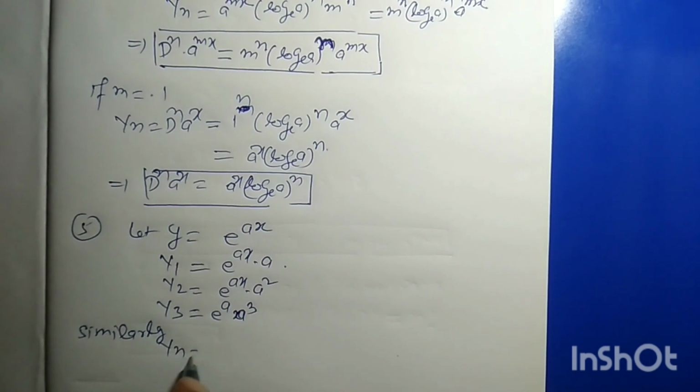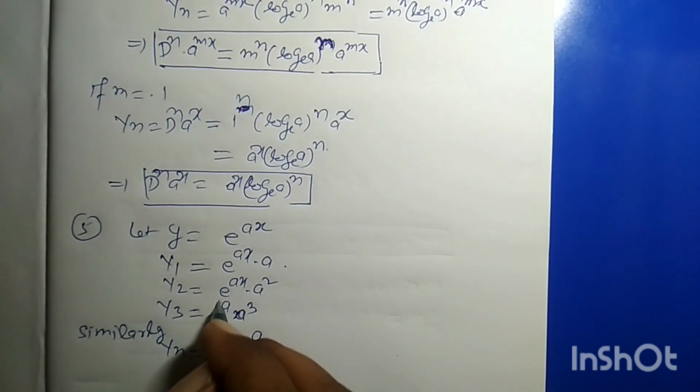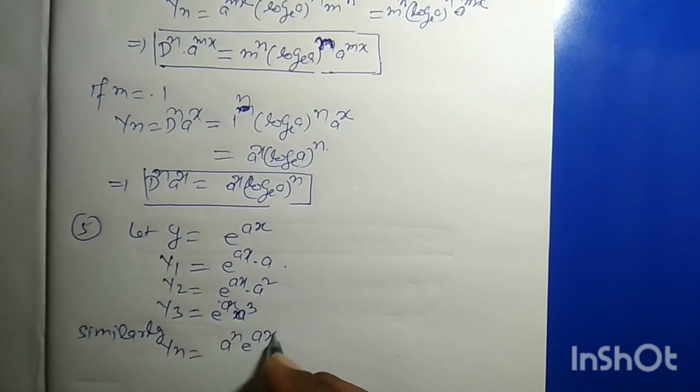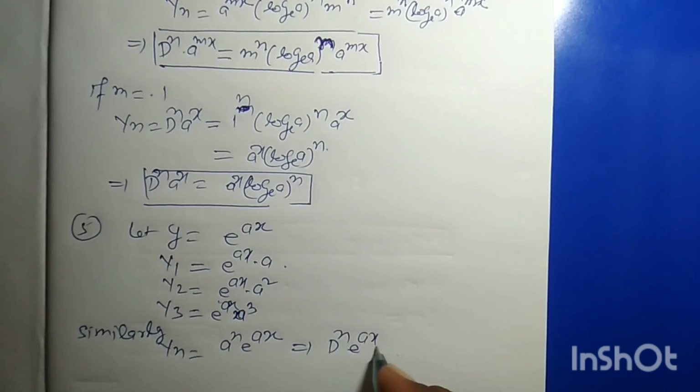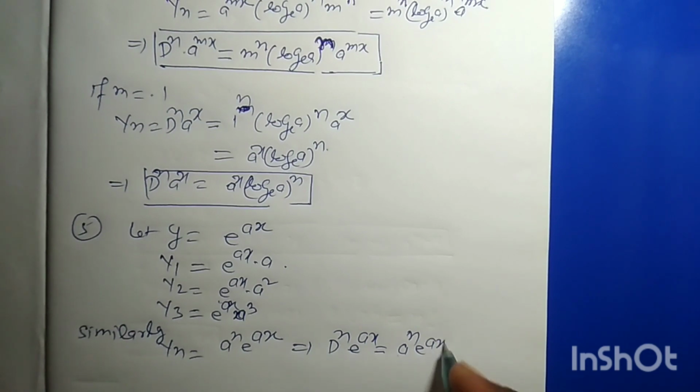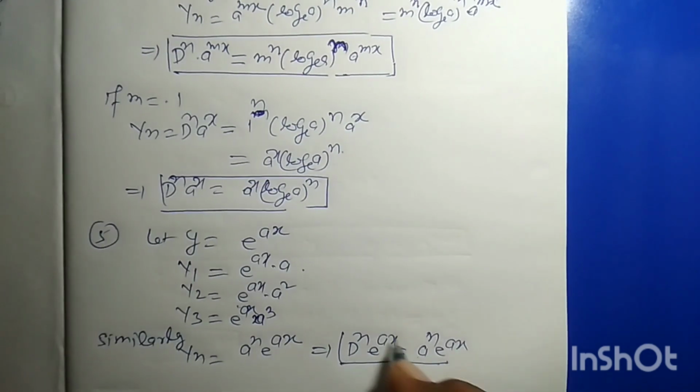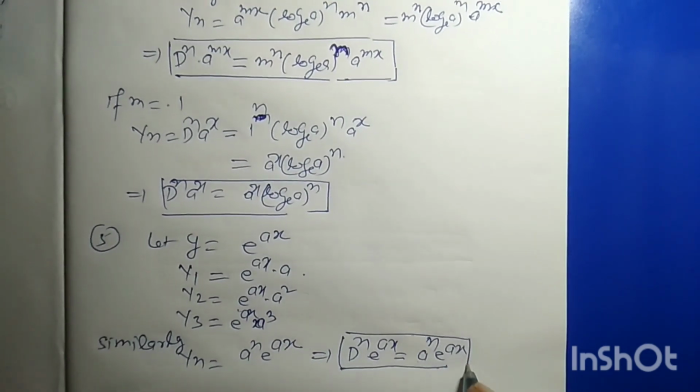Similarly y_n is equal to a की power n और e की power ax. So implies that d^n e की power ax is equal to a की power n e की power ax.